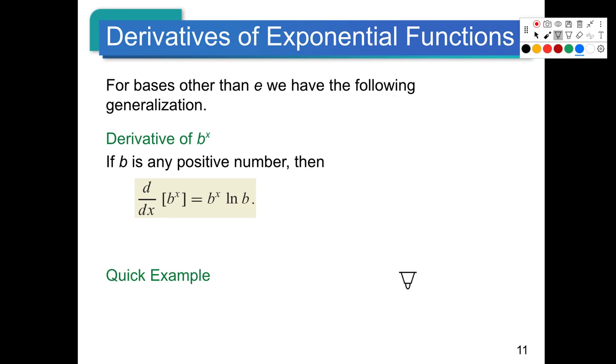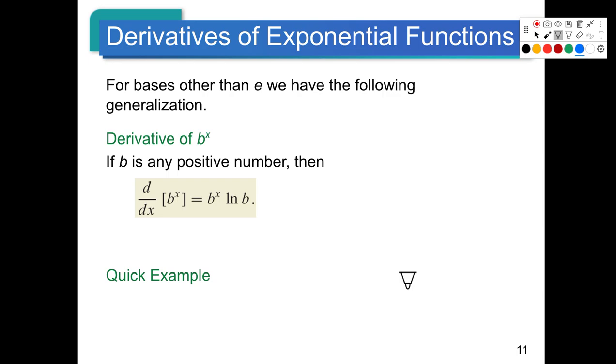So this, from what we did in the exploration part, right? The derivative of any exponential, where b is some kind of a number, not a variable, and x is the variable, is b to the x, times the natural log of the base.